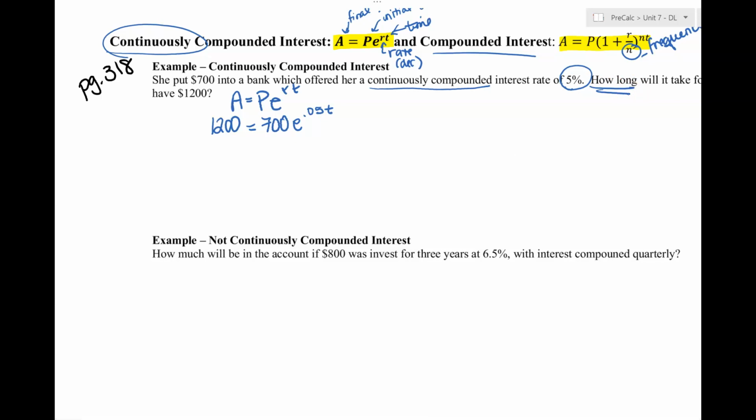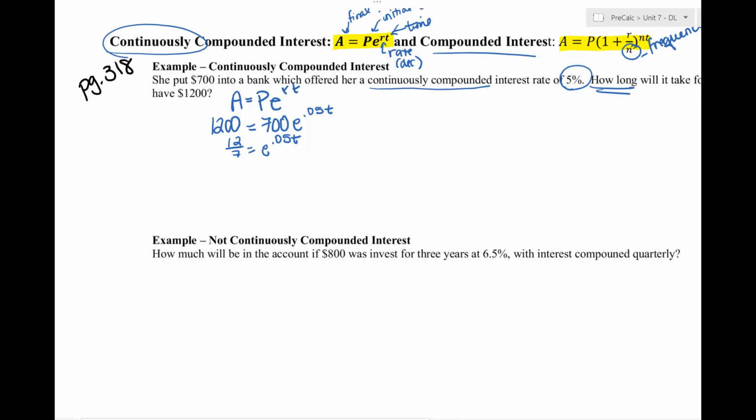Okay, so we're going to divide both sides by 700. We're trying to isolate the term with the variable that we're solving for. So we have 12/7 is equal to e to the 0.05t power. Again, we're trying to solve for that exponent.